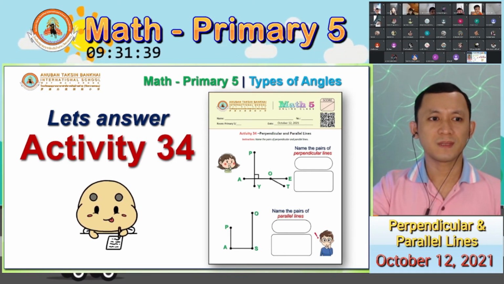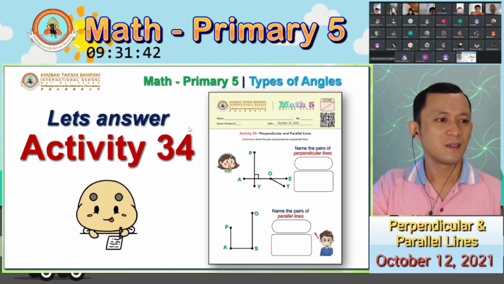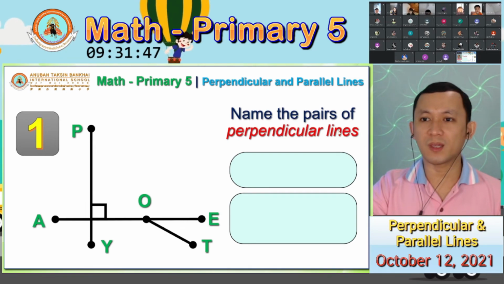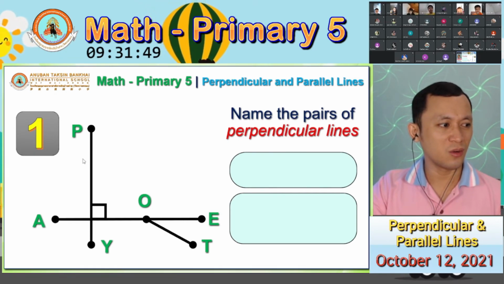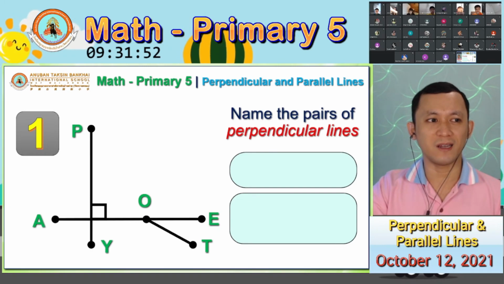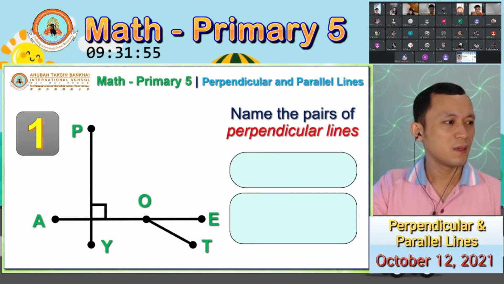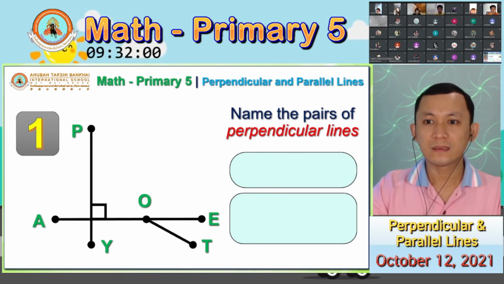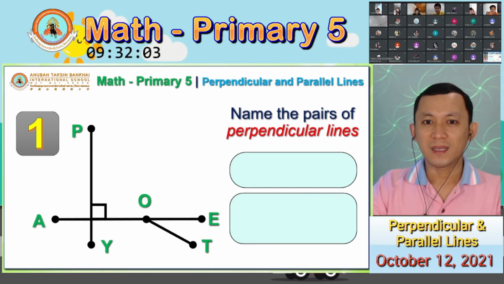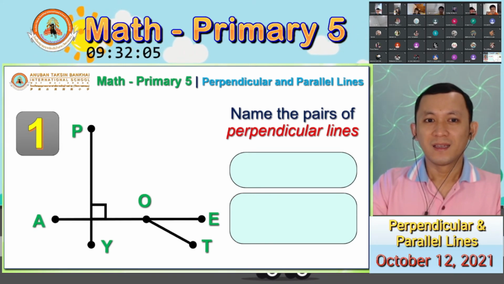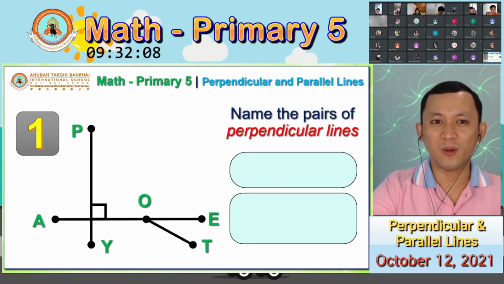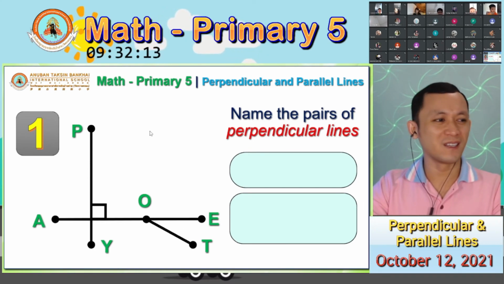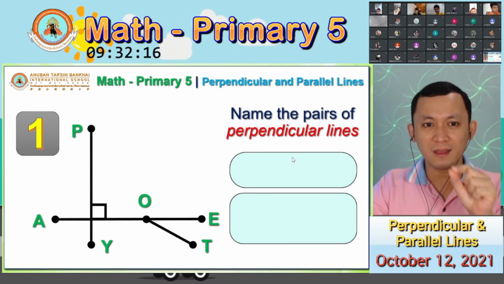Okay, so activity number 34, do the same as before. Number 1 is perpendicular lines. Look carefully, you can see the symbol. Very good. Please write the symbol properly.